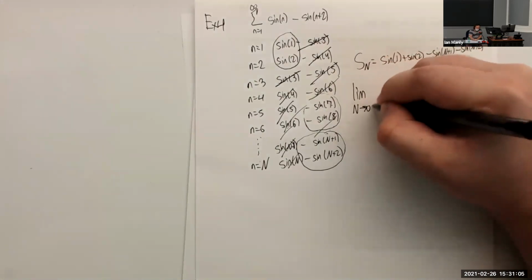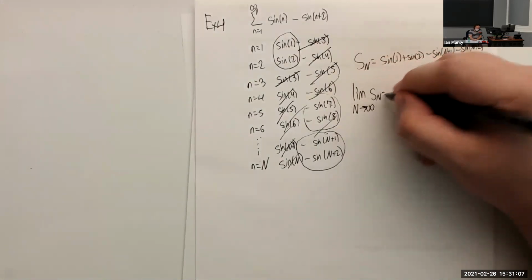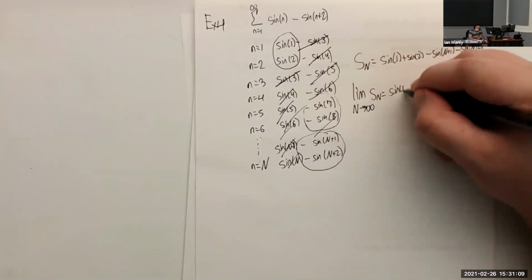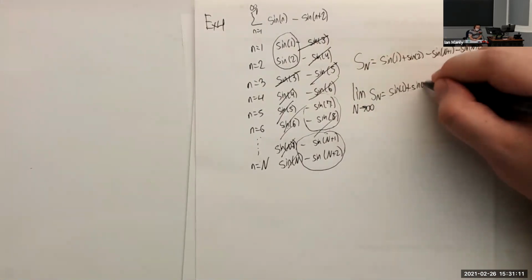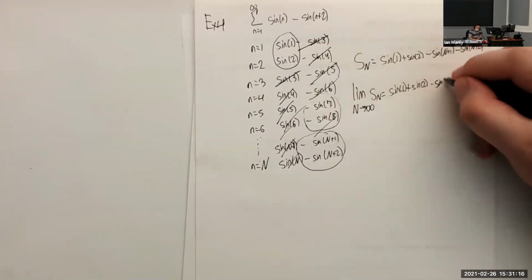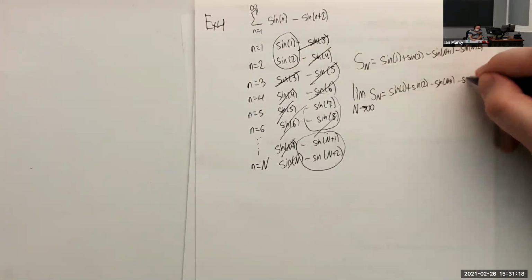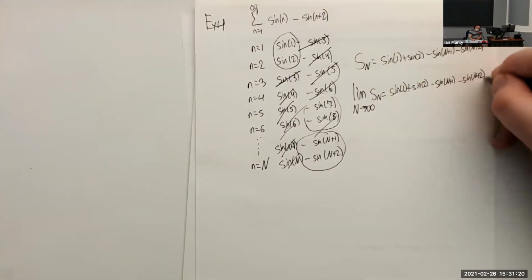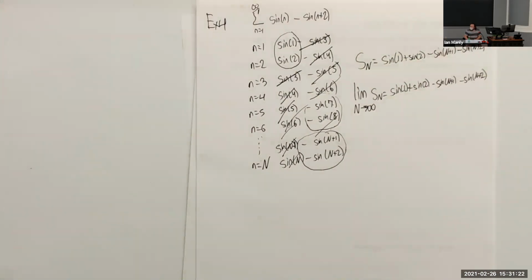Let's look at the limit as n goes to infinity of this, and that will give us the sum of our series. So it's kind of tempting based on what we saw last time to just say, oh, it's going to be sine of 1 plus sine of 2. But the problem is that we have these guys at the end here. And the thing about sine is it doesn't decay to 0 like what we had in the previous problem.